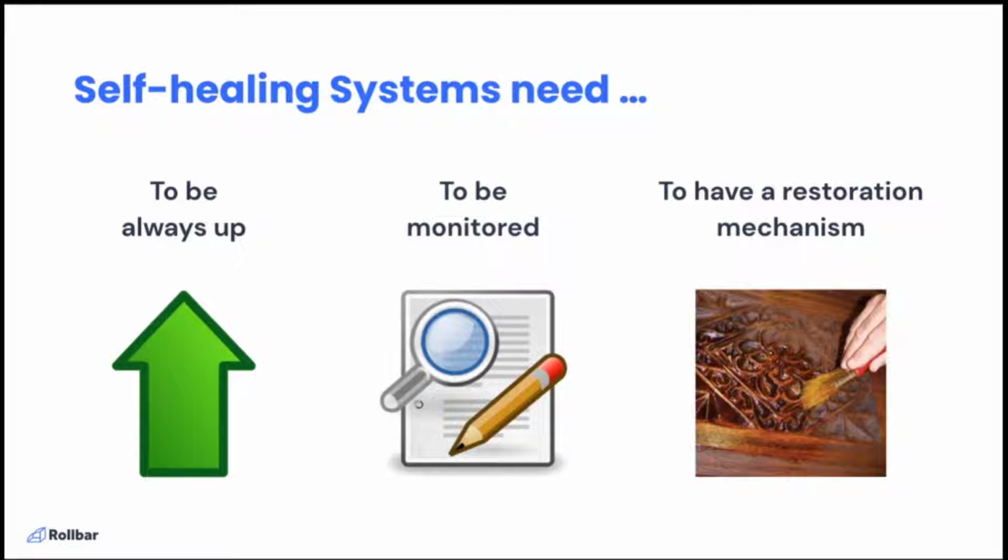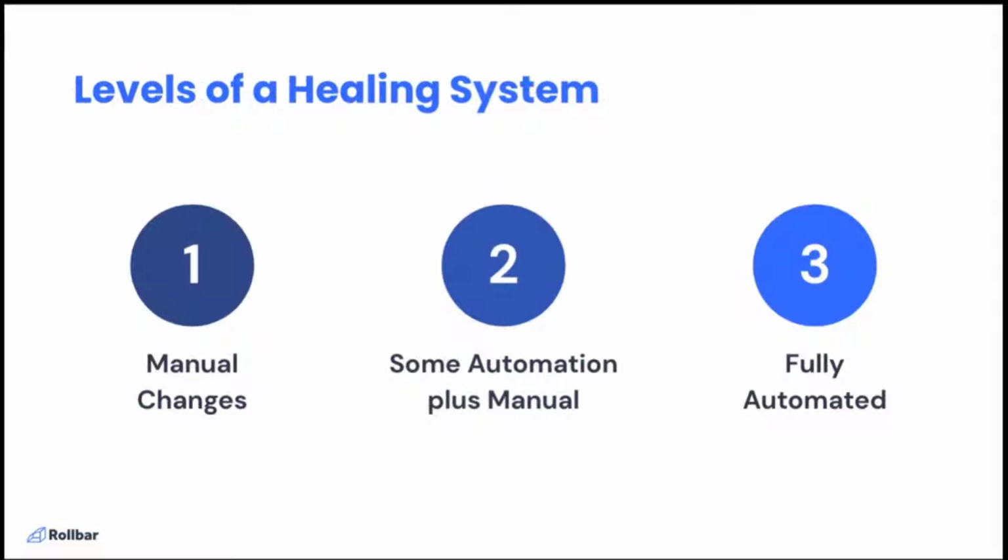One of the things that we do at Rollbar is provide that very high speed, very immediate error detection and reporting, and I'll talk a little about how that can work later. And of course, you have to have some type of restoration mechanism, a way for the system to fix itself, as I said, either by turning off a feature flag or rolling back to a previous known good state.